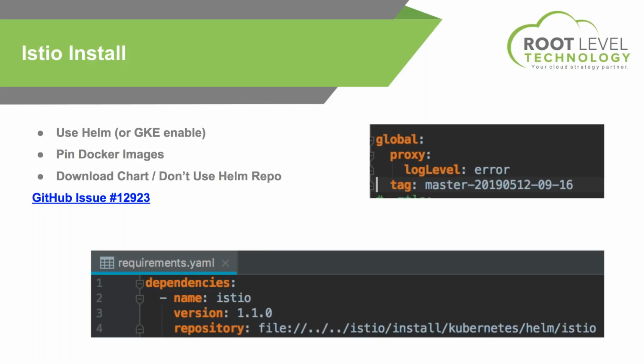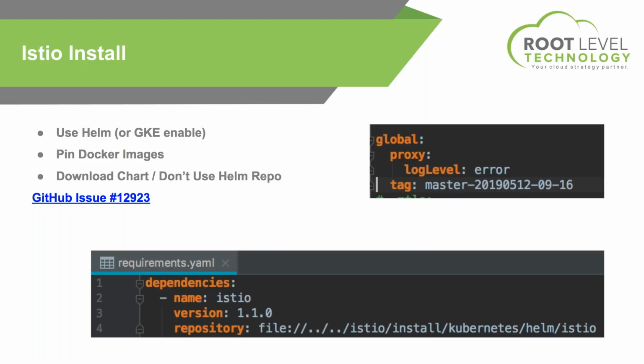The first one was that the Docker image actually gets updated. The Docker image that they are using, they pull from a common tag that's updated nightly. It's a tag called master-latest-daily.